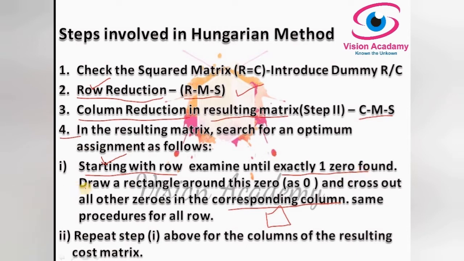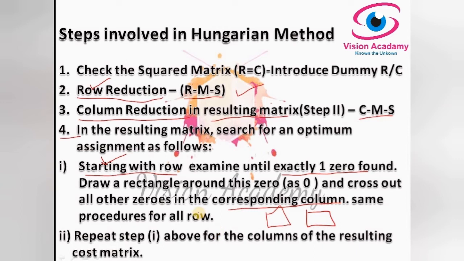After finding the 0, draw a rectangle around this 0 like this. You should draw a rectangle around that 0 and cross out all other zeros in the corresponding column. This is very important. You started with row, and after finding the 0 and giving a rectangle for that 0, you should cross out all the other zeros in the column, not in the row, and follow the same procedure for all the rows.